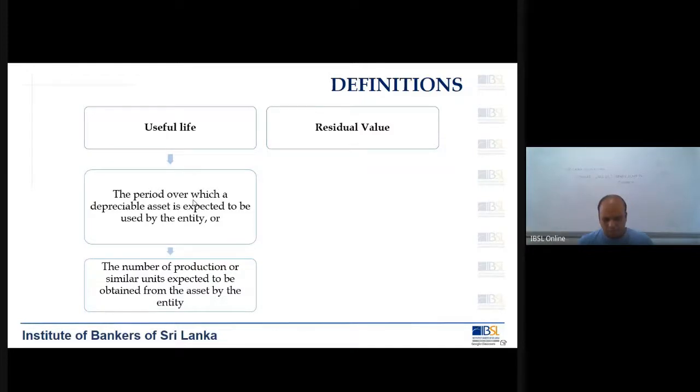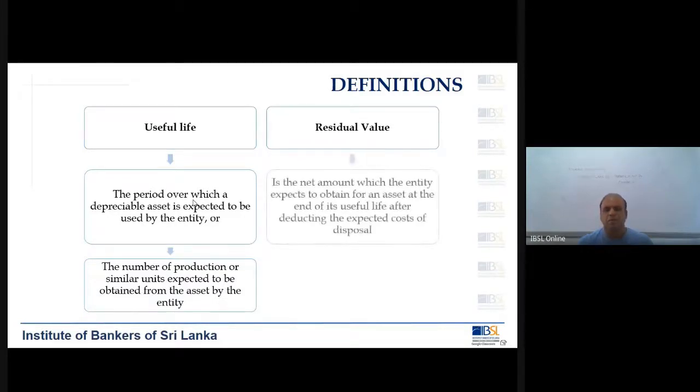Residual value. This is again an important definition. Residual value is the net amount which the entity expects to obtain for an asset at the end of its useful life, after deducting the expected cost of disposal.